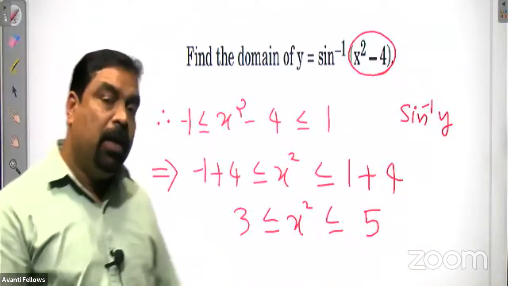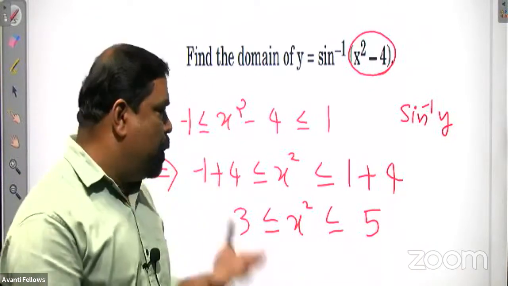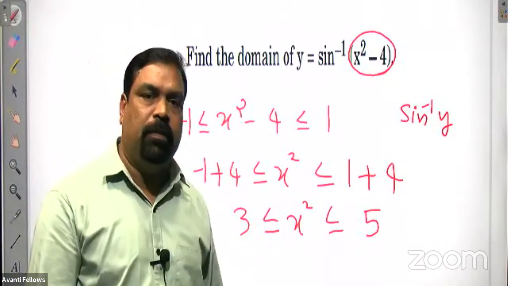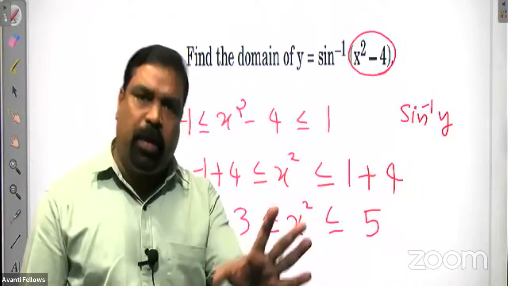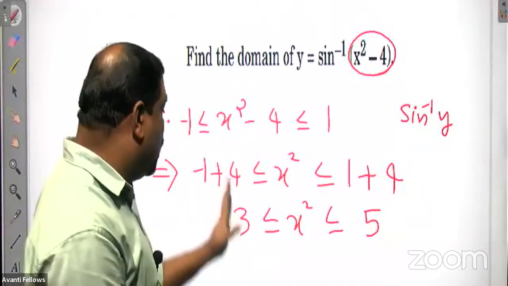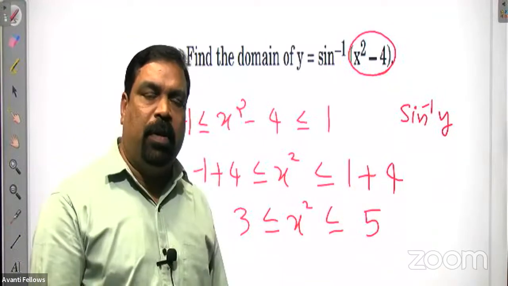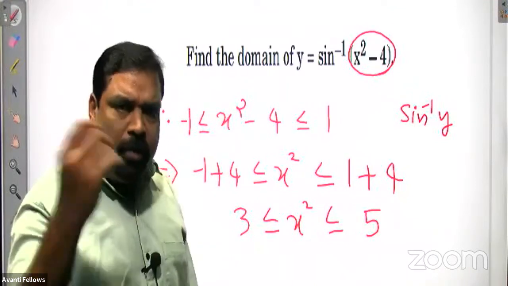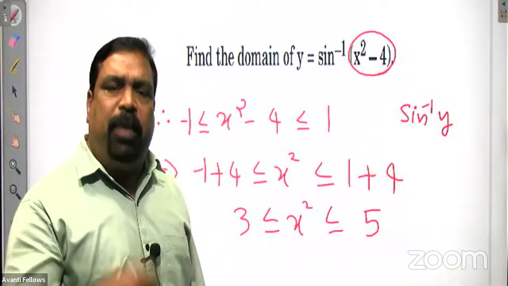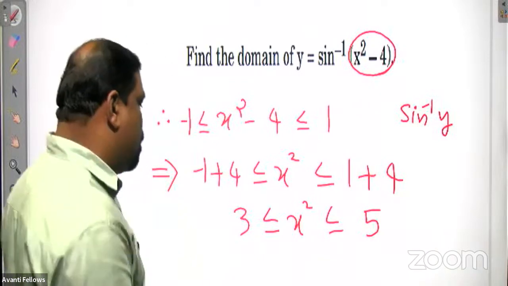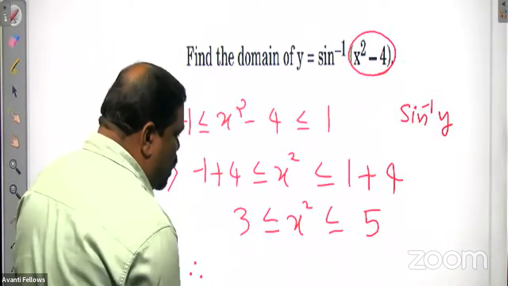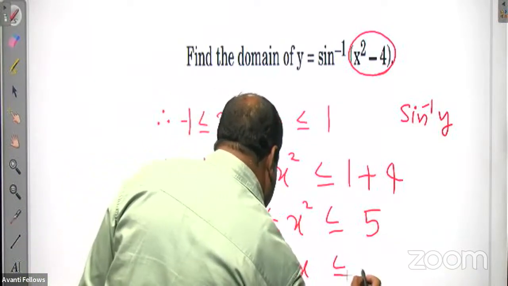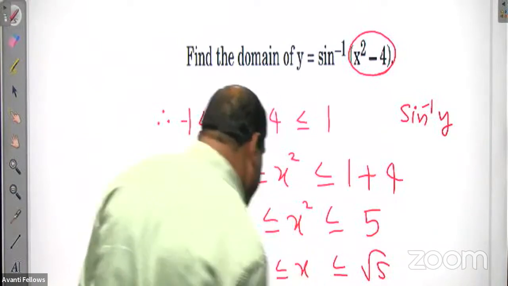So this means that the value of x square must lie from 3 to 5. Remember, x square must lie between 3 and 5. Now what about x? If x square is in between 3 and 5, x must be in between. Therefore, √3 less than or equal to x less than or equal to √5.